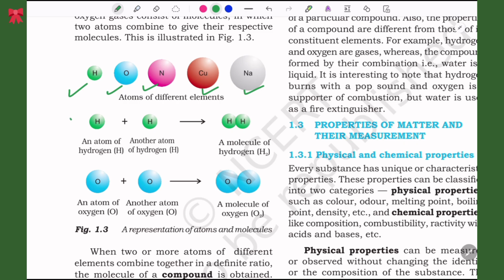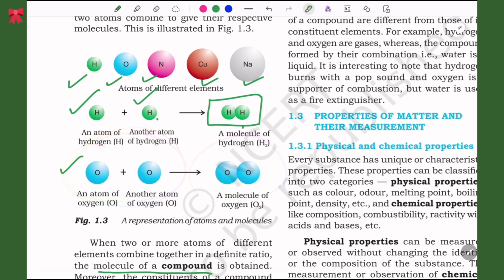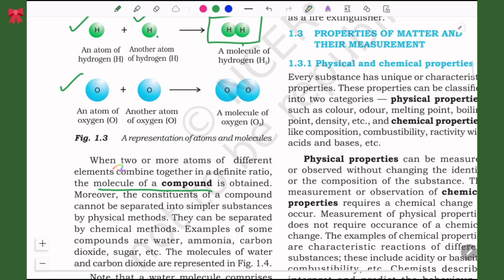Now when two or more atoms combine together, we get a bunch of atoms. This group of atoms is called a molecule. So we have hydrogen atoms combining together to give the hydrogen molecule. We have oxygen atoms combining together to give the oxygen molecule. When two or more atoms of different elements combine together in a definite ratio, a molecule of a compound is formed.